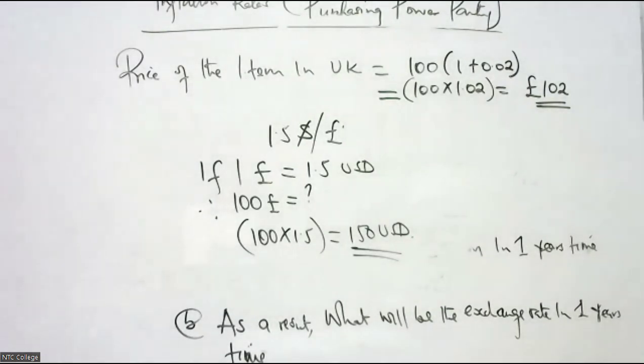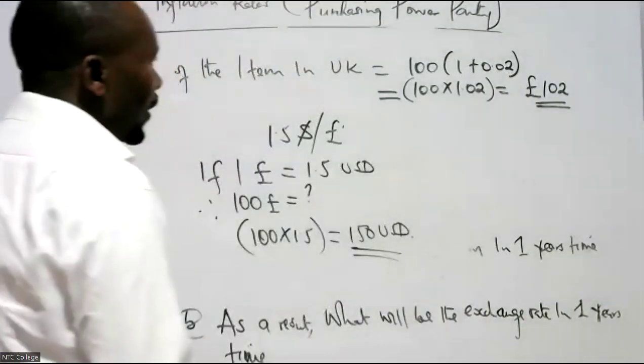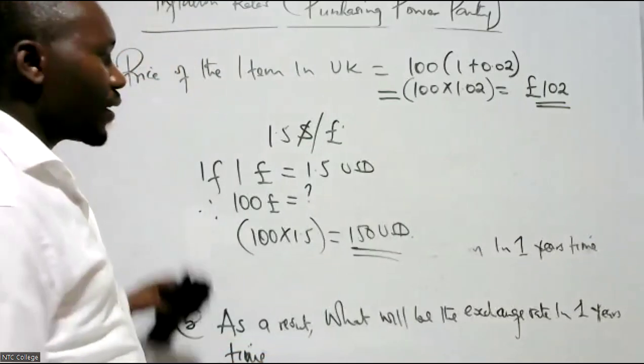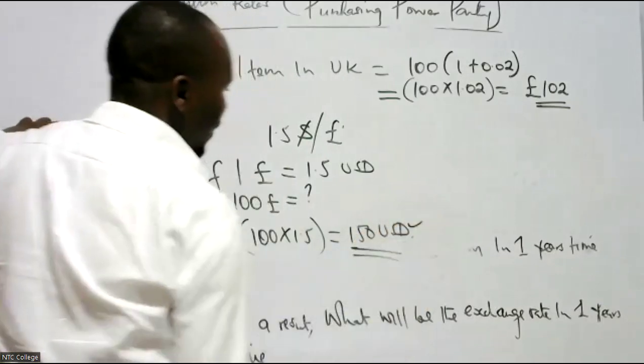I meant the exchange rate for the question. Then use that. So meaning that because of the differences in inflation rate, in 1 year's time, the price will be this.